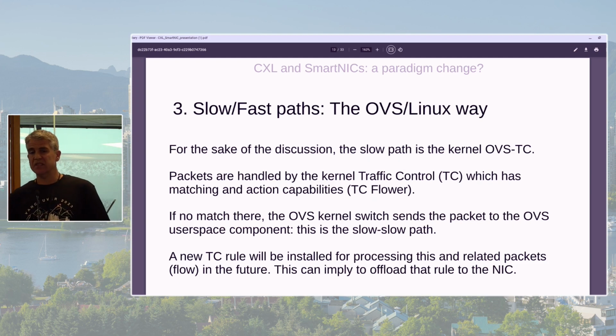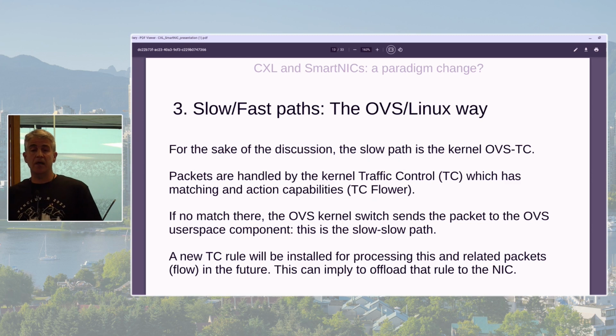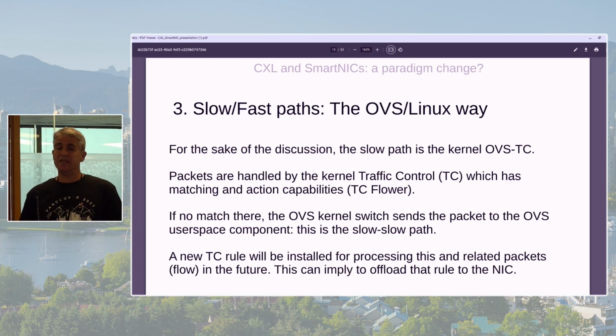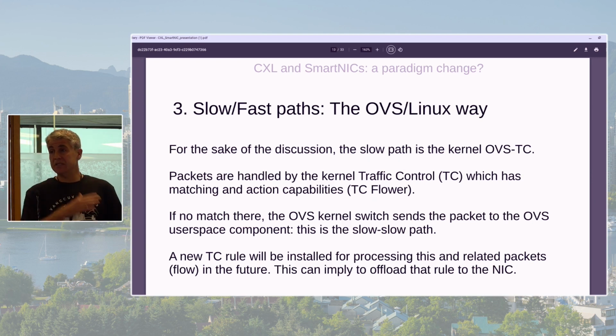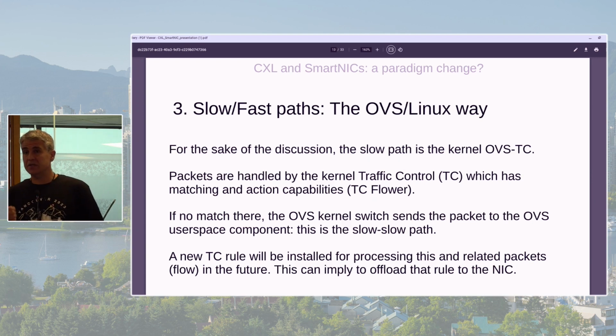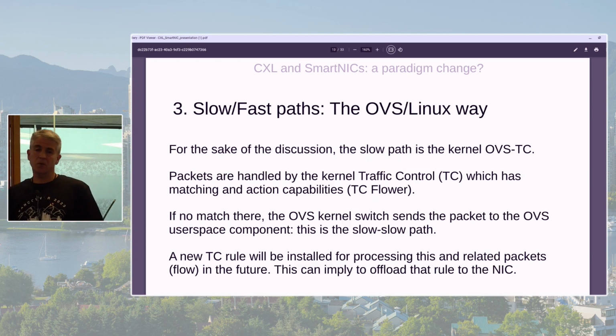That was an extension when it was decided that the way of doing hardware offload through the kernel was through the TC. So if the kernel doesn't know, the slow path doesn't know how to handle this packet, then it will be sent upwards to the user space, and then it connects to the OpenFlow controller in another machine for knowing what to do, okay?